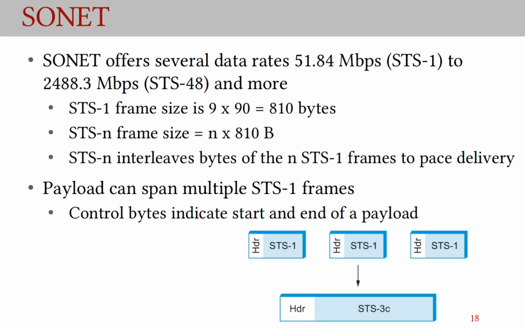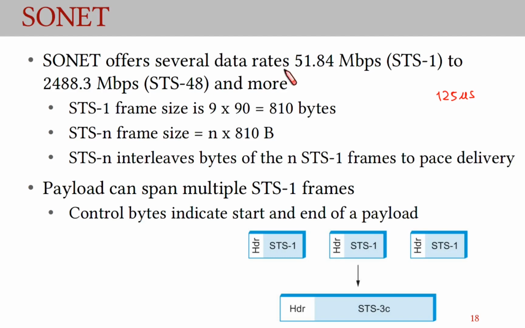Since Sonnet frames last for 125 microseconds, and an STS-N frame sends N times the data as an STS-1 frame, it gives N times the data rate of an STS-1 frame. And so here you can check that the STS-1 frame gives 51.84 Mbps, and therefore STS-48 should give you 48 times 51.84 Mbps.